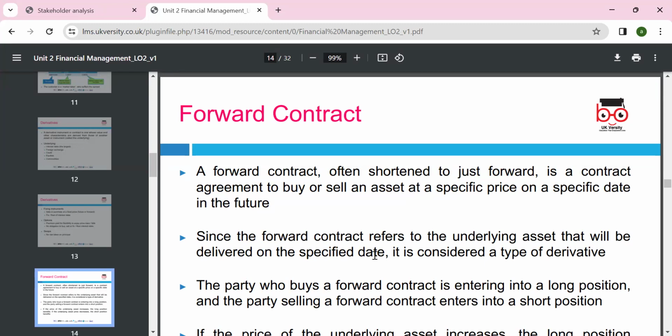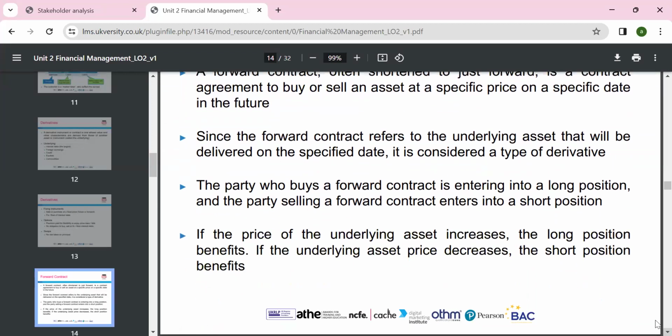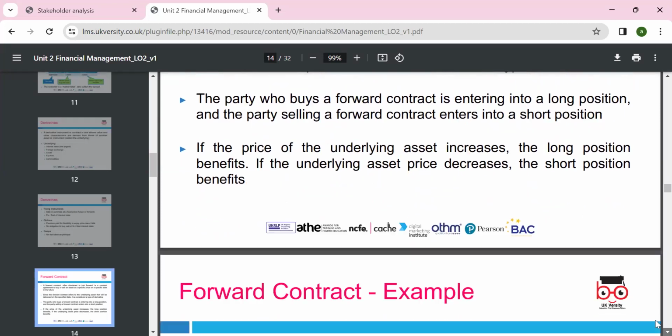The party buying the forward contract enters into the long position, and the party selling enters into the short position. If the price of the underlying asset increases, the long position benefits, and if the underlying price decreases, the short position benefits.